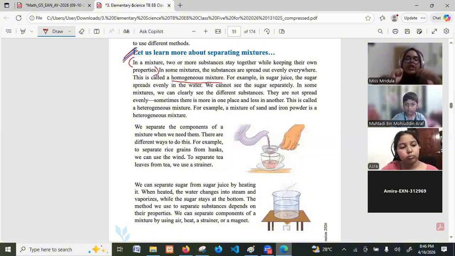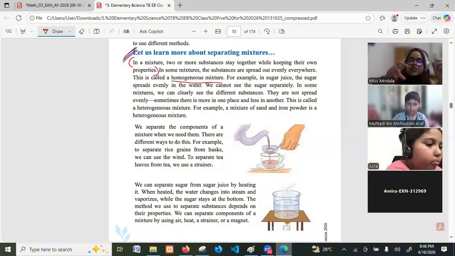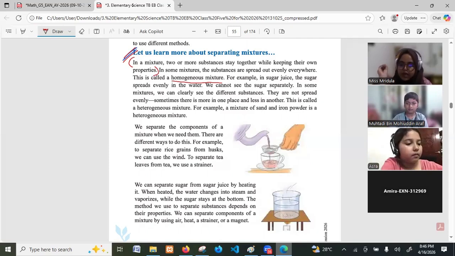We can spread the smaller portion of thing evenly through the whole thick or large amount of thing, right? Or we can put the small amount of thing in one corner of the large amount and just mix over there. So the one where we are spreading it evenly everywhere, those types of mixtures are called homogeneous mixtures.